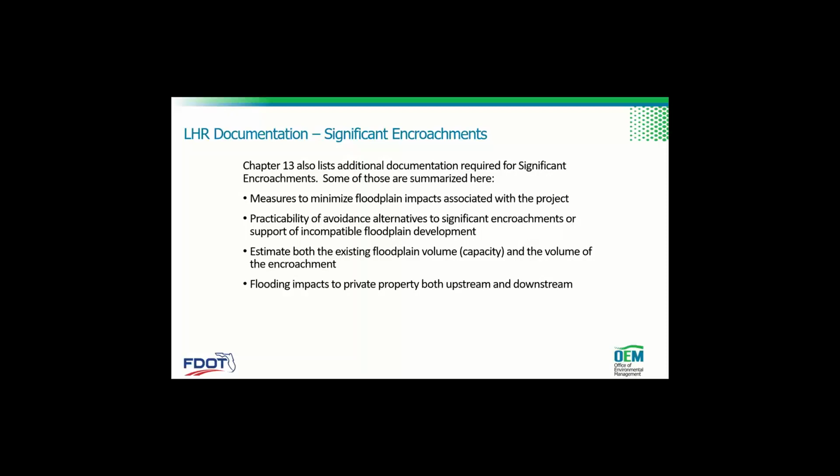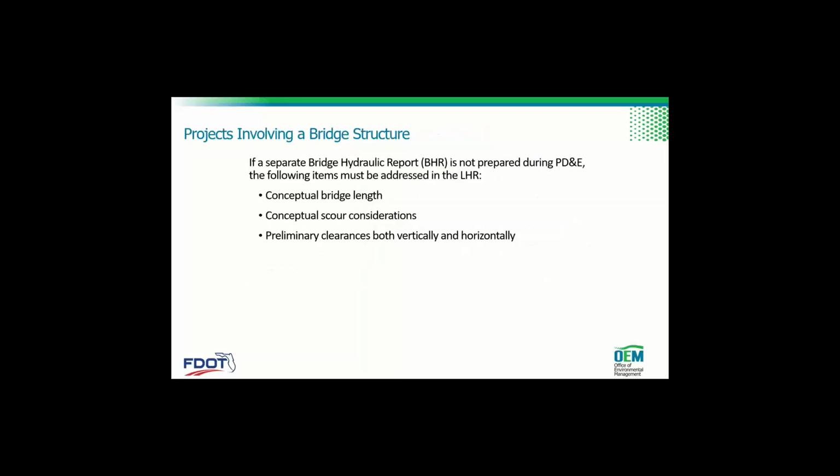Flooding impacts to private property both upstream and downstream. And if you have a bridge structure and the BHR is not prepared during PD&E, then you have to include the conceptual bridge length and scour considerations and clearances both vertically and horizontally.